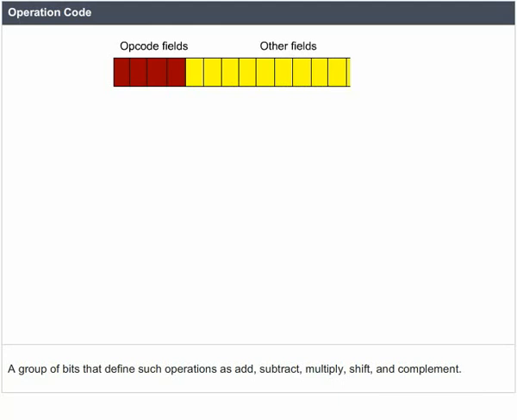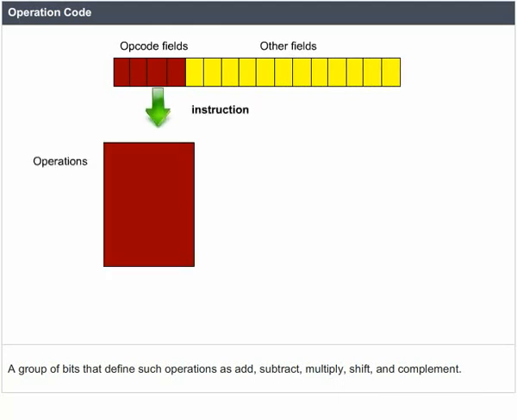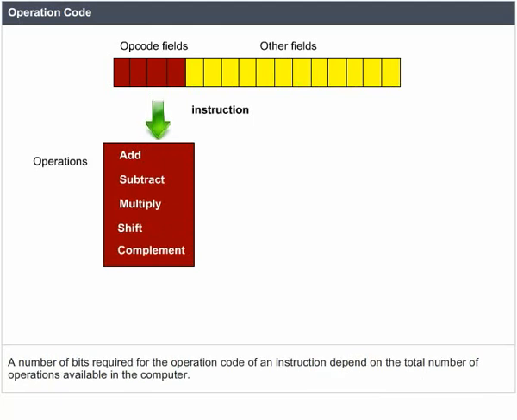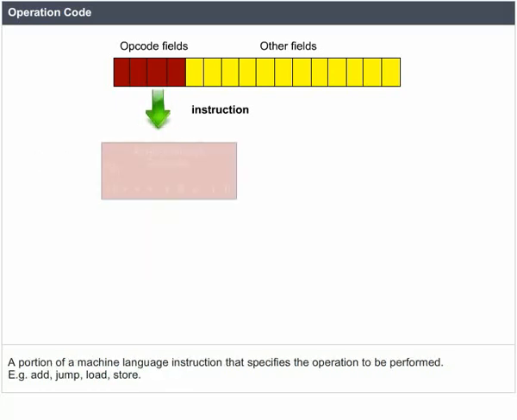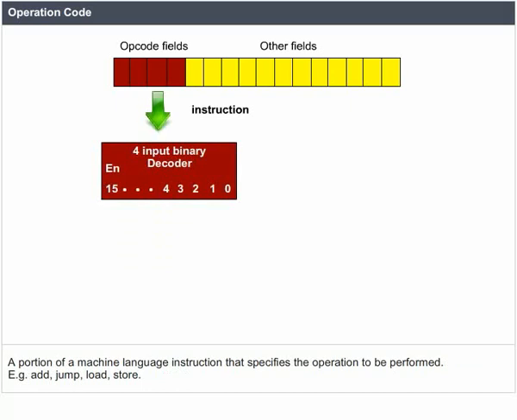Operation code. A group of bits that define such operations as add, subtract, multiply, shift, and complement. The number of bits required for the operation code of an instruction depends on the total number of operations available in the computer. It is the portion of a machine language instruction that specifies the operation to be performed.